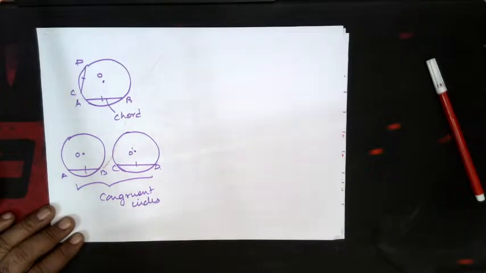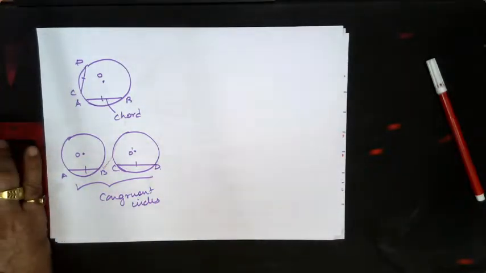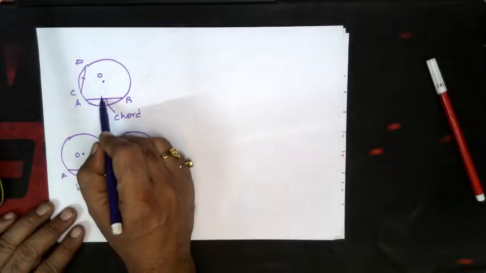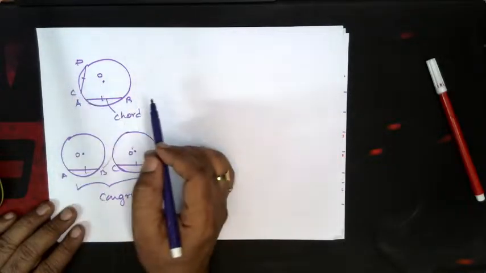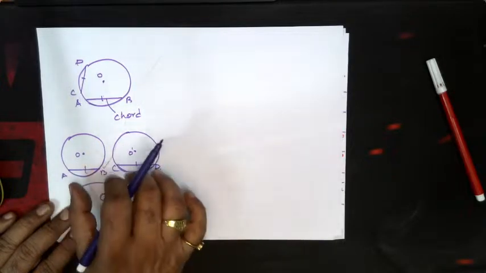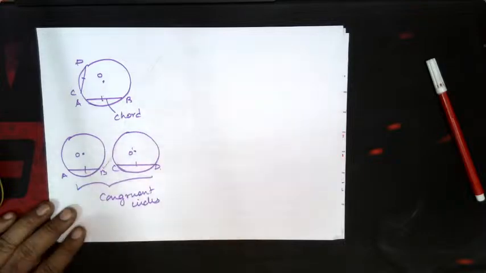Are you able to follow? Congruent circles. Clear? Now, equal chords of the same circle or different circles, but they are congruent. Congruent means their radii are equal. So exactly the same circles are called congruent circles.